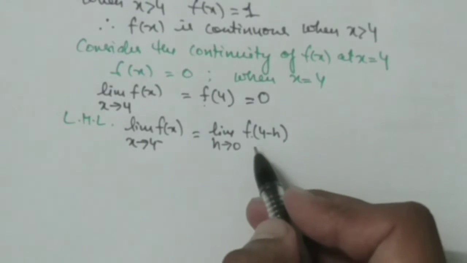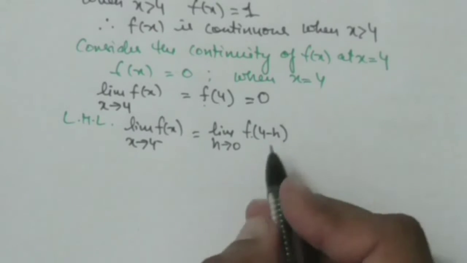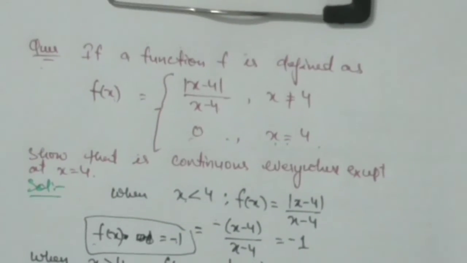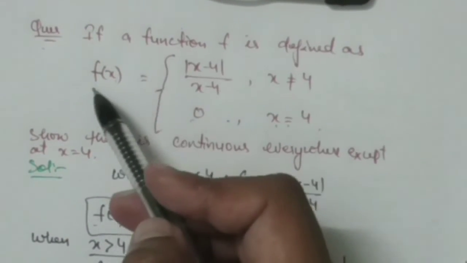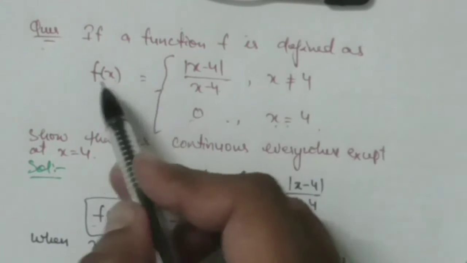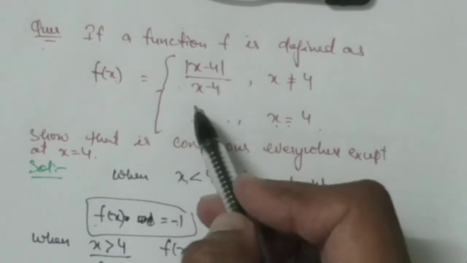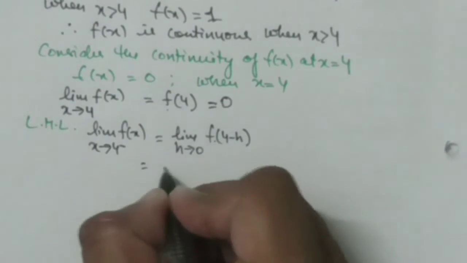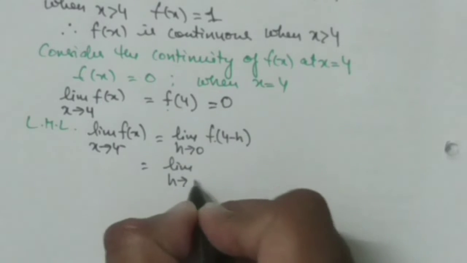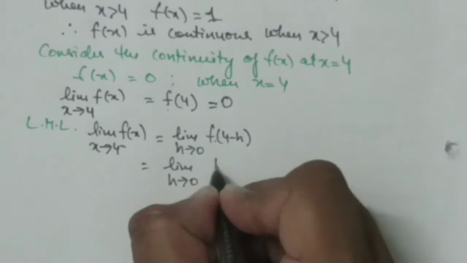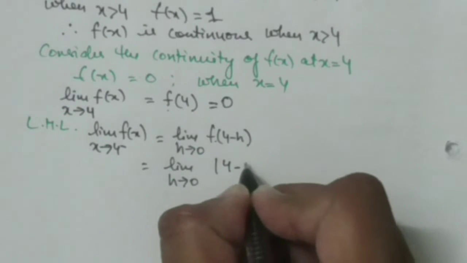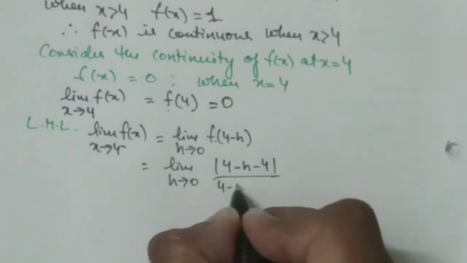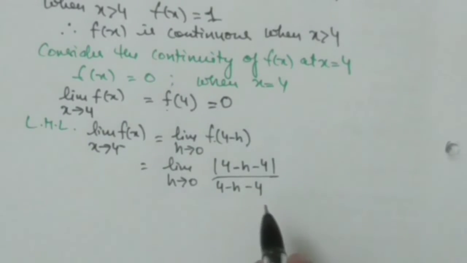So f(4 - h), it means the value of x is here less than 4. So according to the definition of f(x), when x is not equal to 4, f(x) is equal to |x - 4| upon (x - 4). So what happens here, it will be equal to the limit as h tends to 0 of |4 - h - 4| upon (4 - h - 4), right?